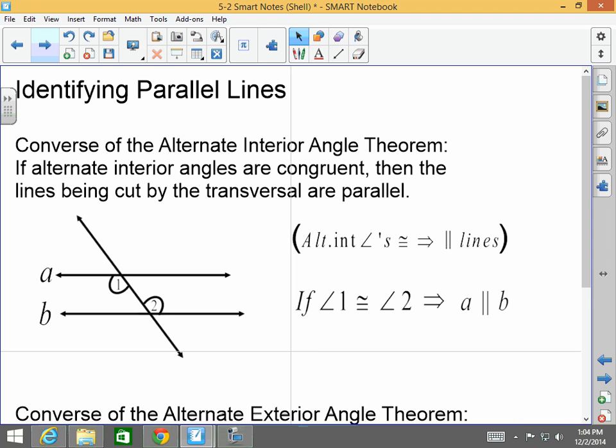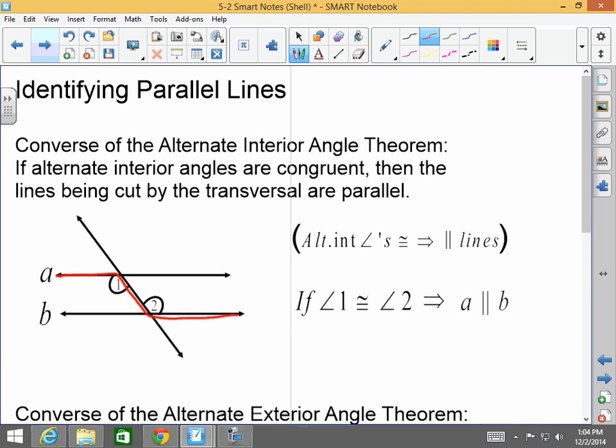And in this particular case, if angle 2 is congruent to angle 1, then you have parallel lines. Remember that we're talking about the Z here. Yeah, that's a backward Z, but the alternate interior angles, if they're congruent, then you have parallel lines.